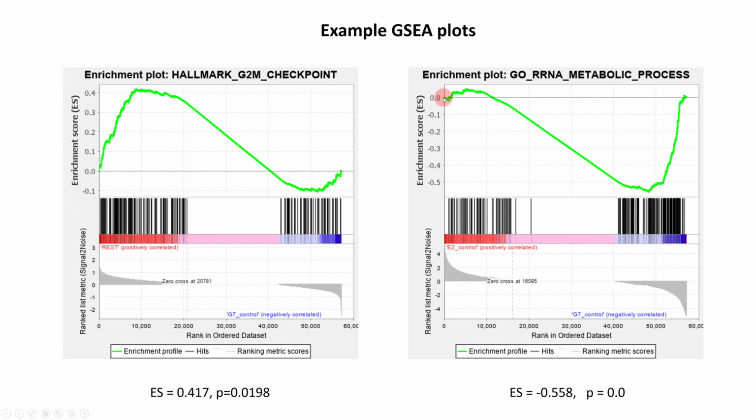So the important thing to look at is where is the 0, and does the graph go above the 0 at the start, or does it go below the 0 at the bottom? And so here the enrichment score is minus 0.558. So these genes are enriched in the control rather than the experimental.